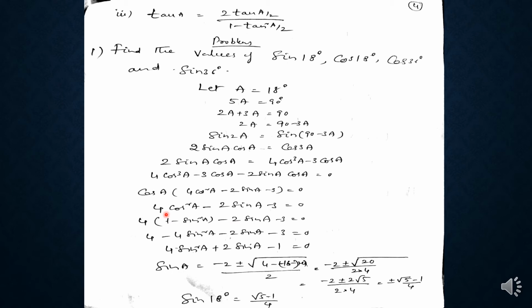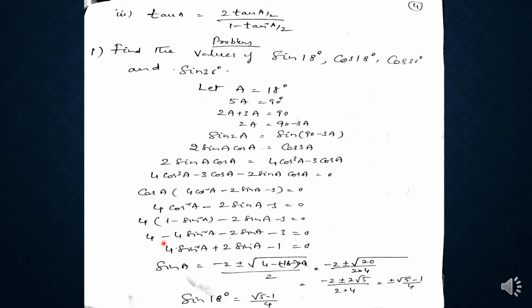By writing cos square a in terms of sine, cos square a can be written as 1 minus sin square a. So 4 into 1 minus sin square a minus 2 sin a minus 3 is equal to 0. That is 4 minus 4 sin square a minus 2 sin a minus 3 is equal to 0.